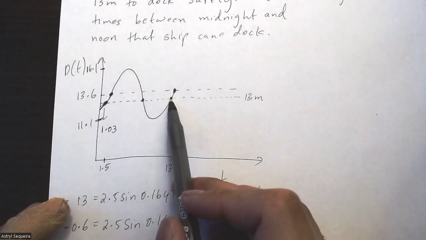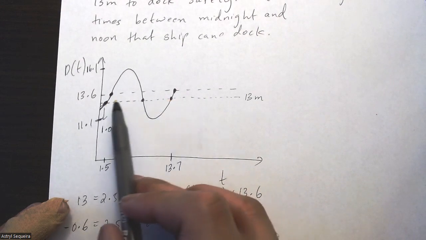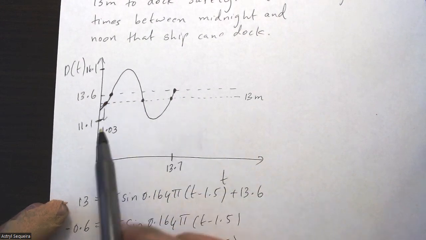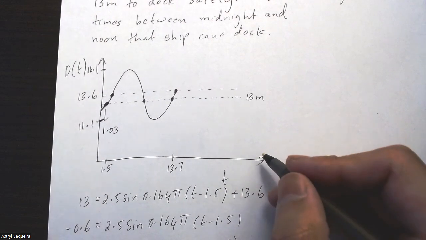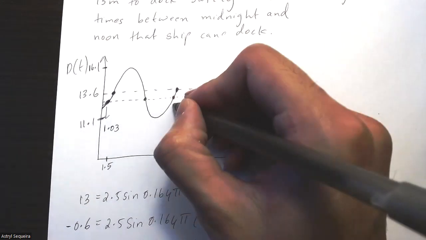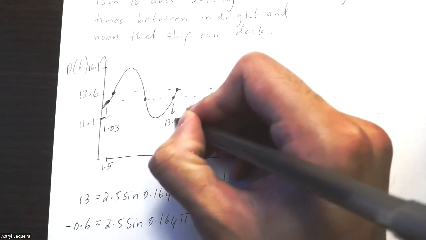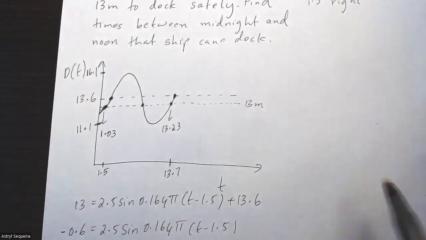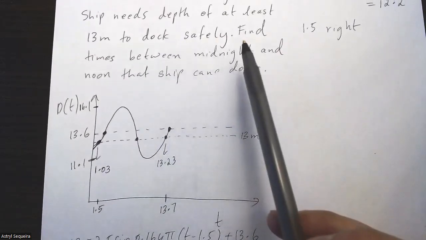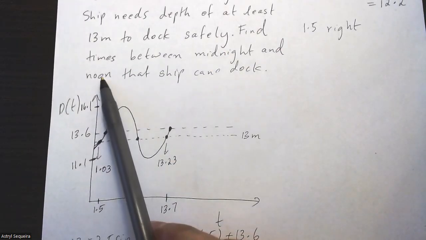I know this point is one entire period later, so I can add 12.2 to this answer, and I can get this as 13.23.